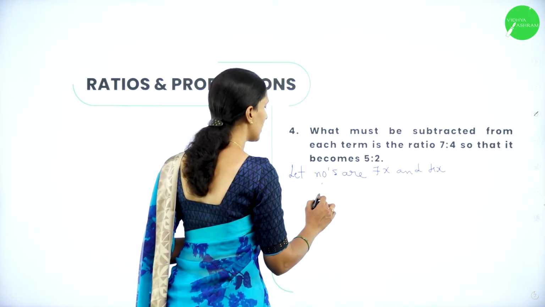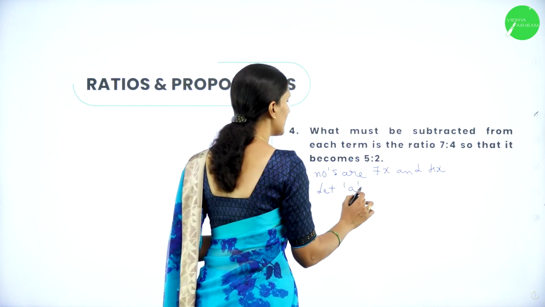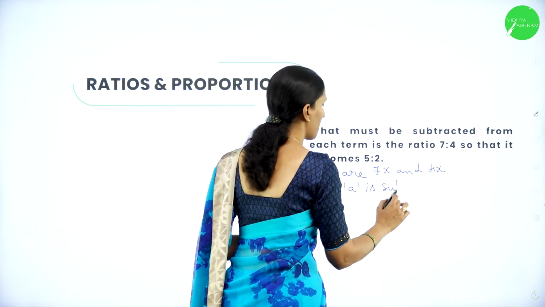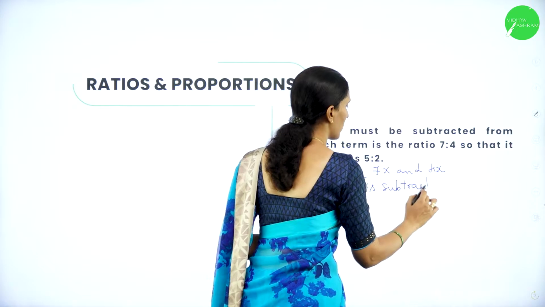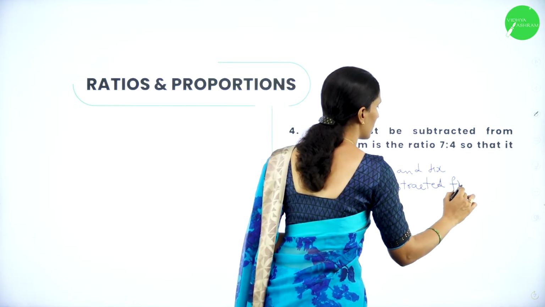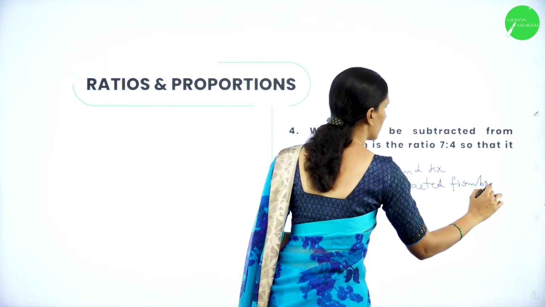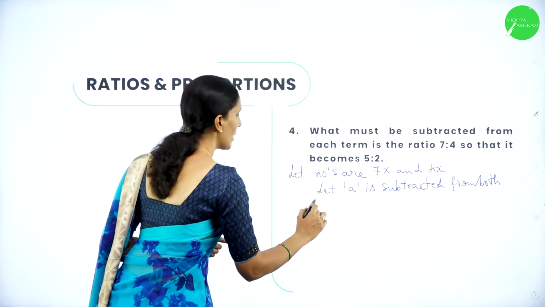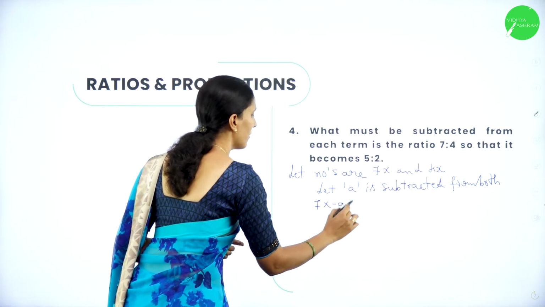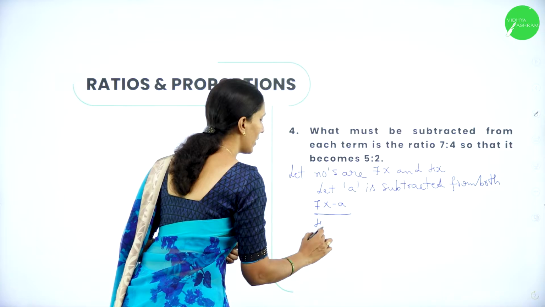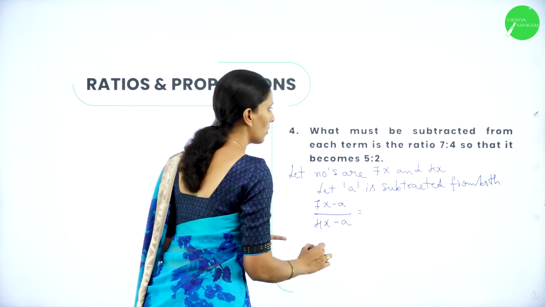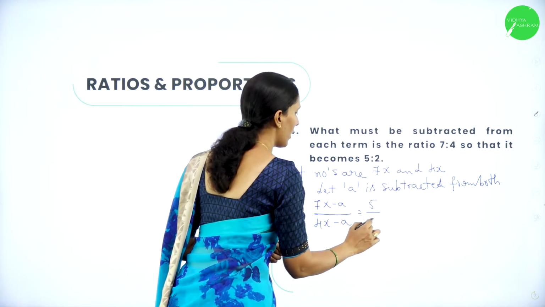So when I subtract some number so that the ratio becomes 5:2, let A be subtracted from both. So if I subtract, it becomes (7x minus A) by (4x minus A). Then this is equal to 5 divided by 2.